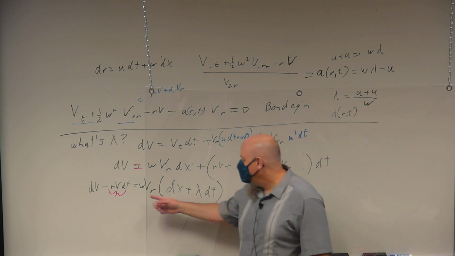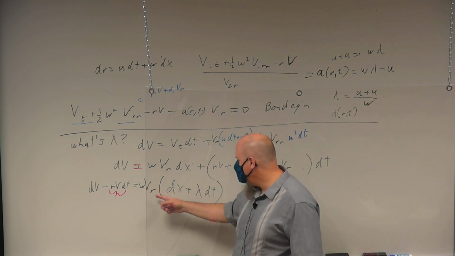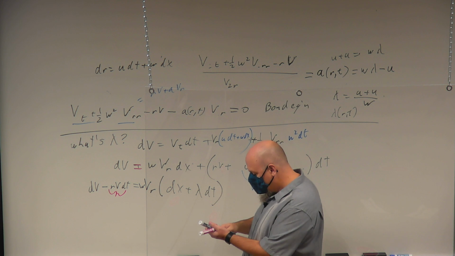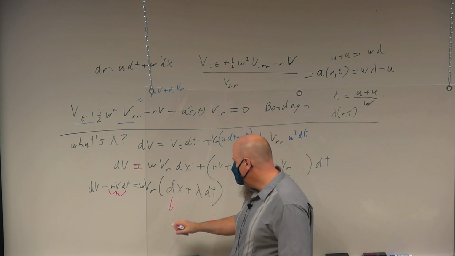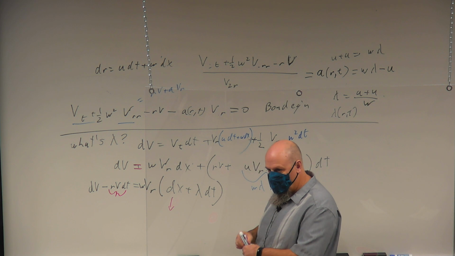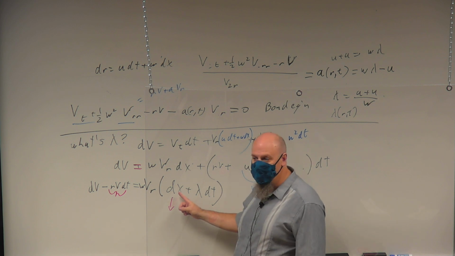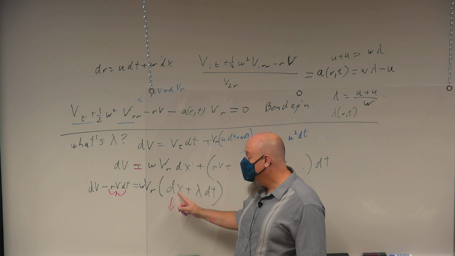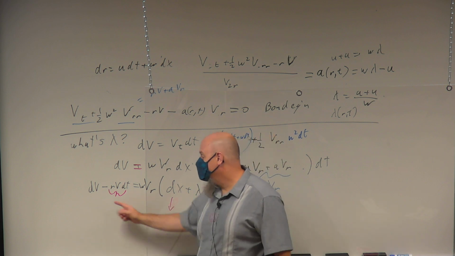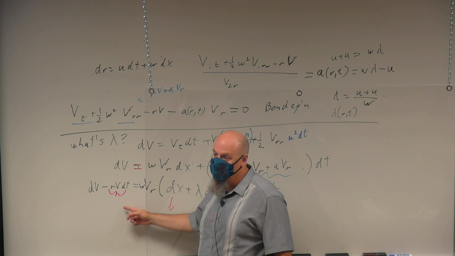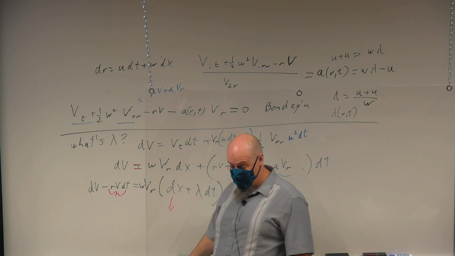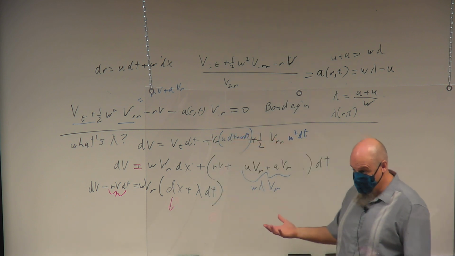Well, it's proportional to stuff, but this dx is random. So this could be positive or this could be negative. If it's negative, then the difference between buying the bond and just investing your money is negative, and I guess you should have just invested your money then.